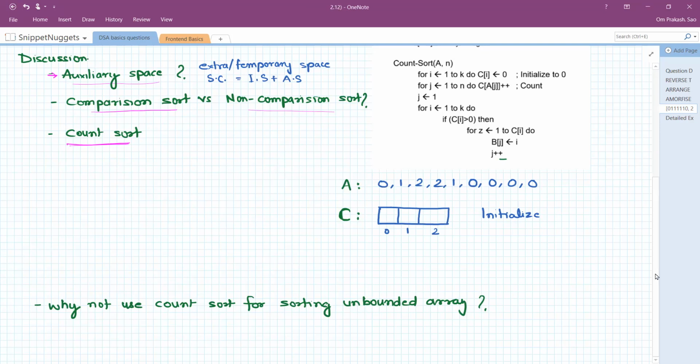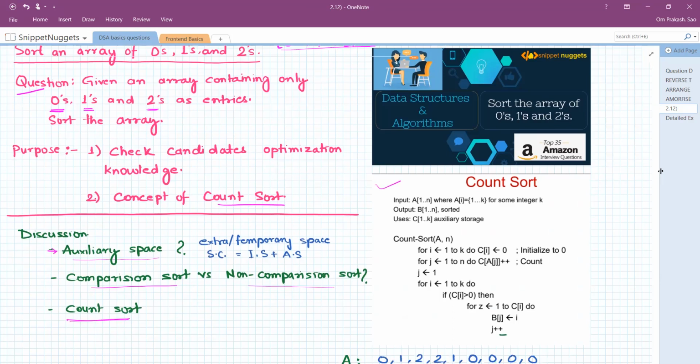Okay, so let us start from the beginning. What is auxiliary space? If you are given a question or any algorithm, you have two types of memory requirement there. The first is the memory required for receiving the input, storing the input data.